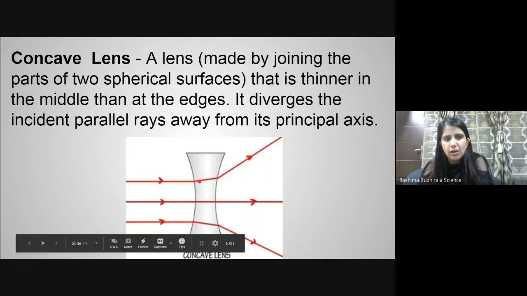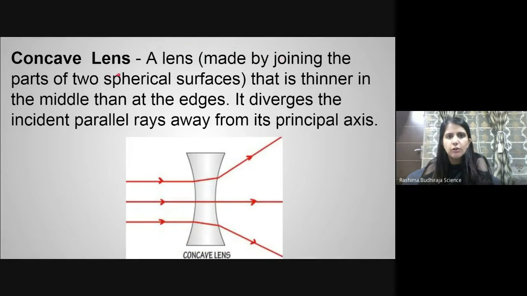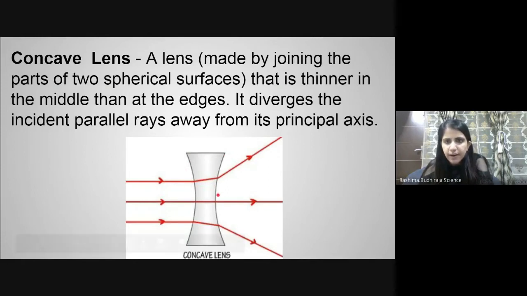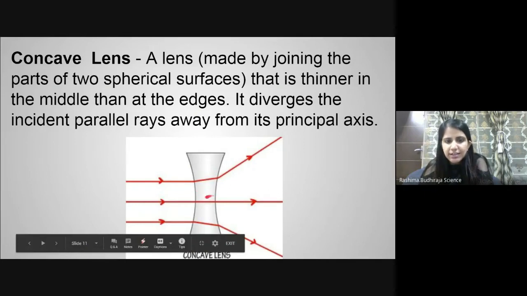Let us see concave lens now. Concave lens is a lens made by joining the parts of two spherical surfaces that is thinner in the middle than at the edges. Look at this spherical lens. It also has both the surfaces which are a part of a sphere and it is thinner in the middle.